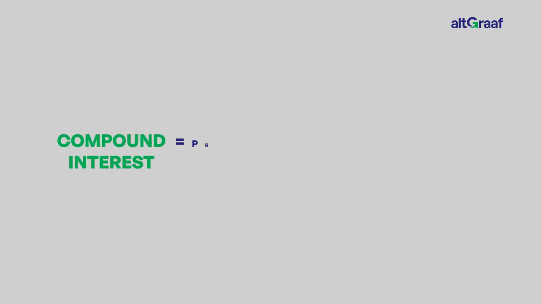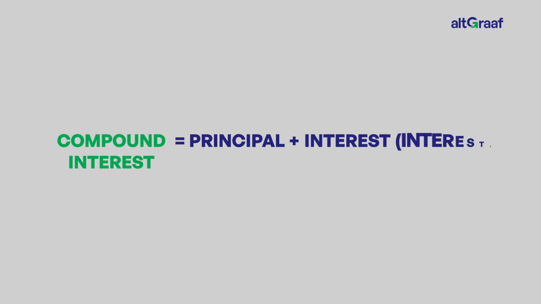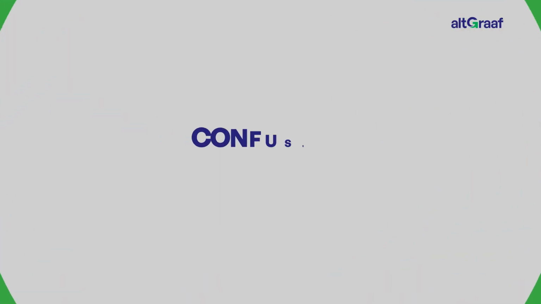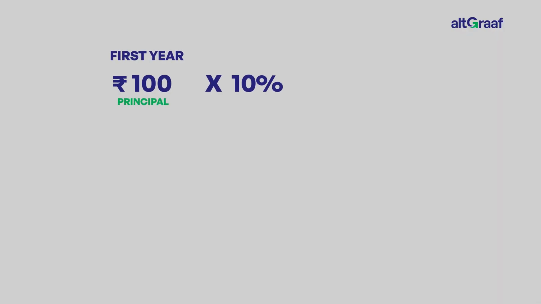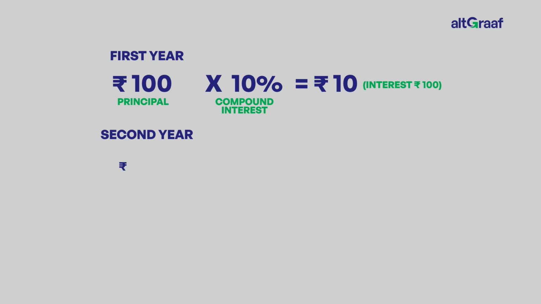Here you get interest on the principal plus interest on interest. Confused, right? Don't worry. Let's take an example for compound interest. If you invested ₹100 at a 10% interest rate, you earn ₹10 as interest on ₹100 in the first year. But in the second year, your principal is now ₹100 plus 10, that's ₹110.